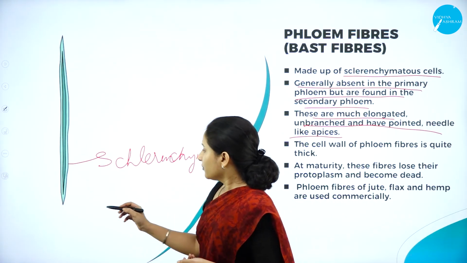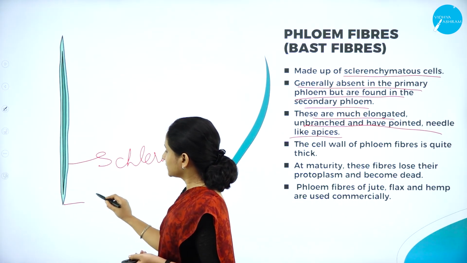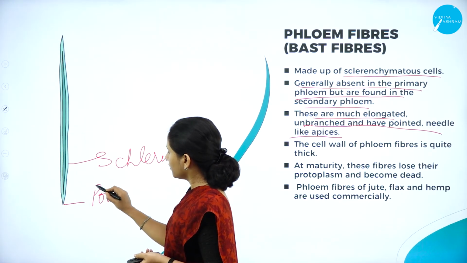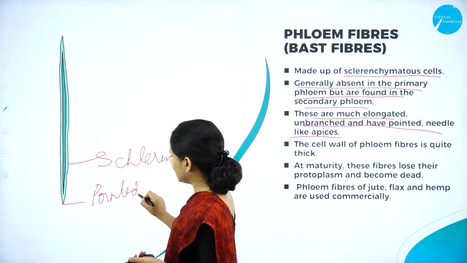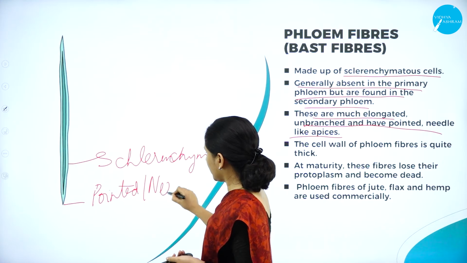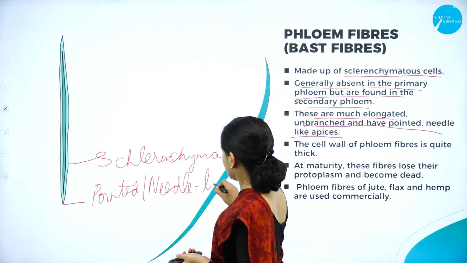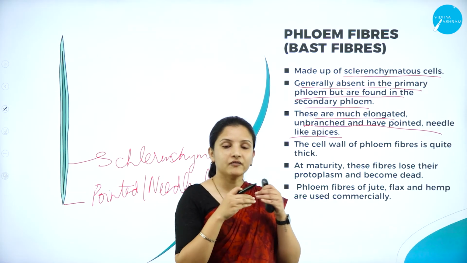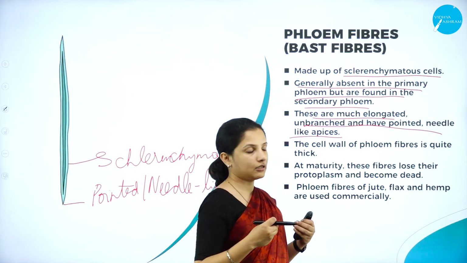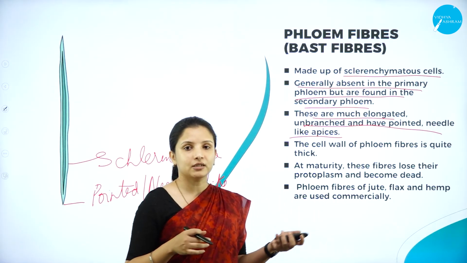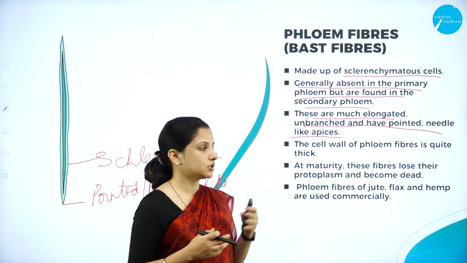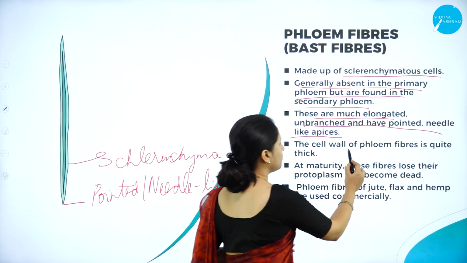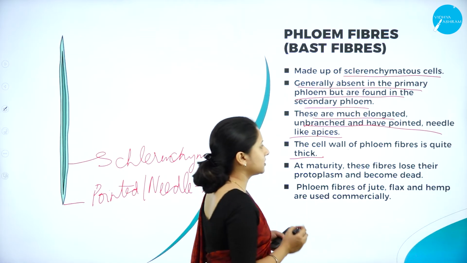That is, they have pointed ends. Both ends are either pointed or almost needle-like. Apices is nothing but ends or tips. The tips are pointed, and the cell wall is usually quite thick.